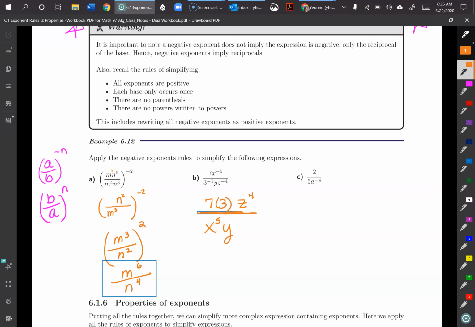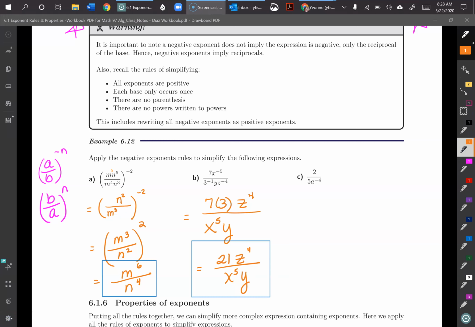When you change its position from bottom to top or vice versa, you have to change the sign of the power. Then I'm just going to calculate that out. So we have 21 z to the 4th over x to the 5th y. And that is the answer for that one.